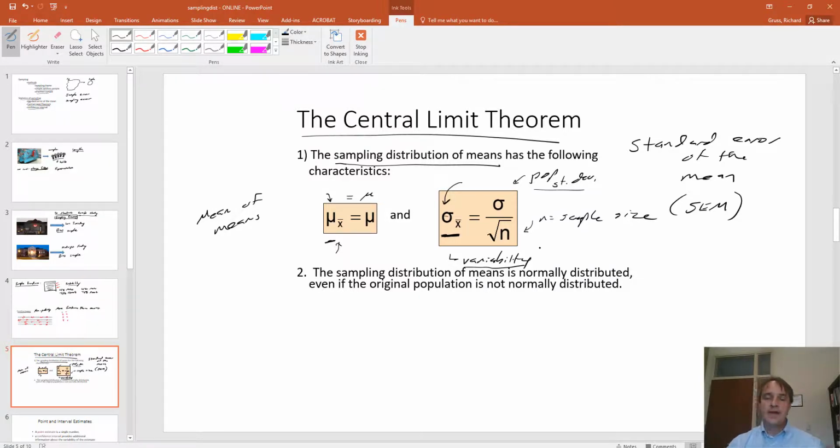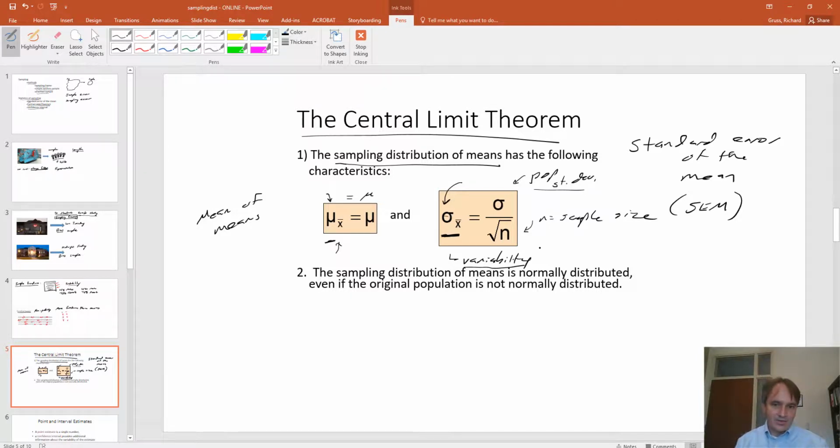Let's say I were to take, I'm going to use a height example again, samples of 2 people and then take their average height. There would be a huge amount of variability from sample to sample.